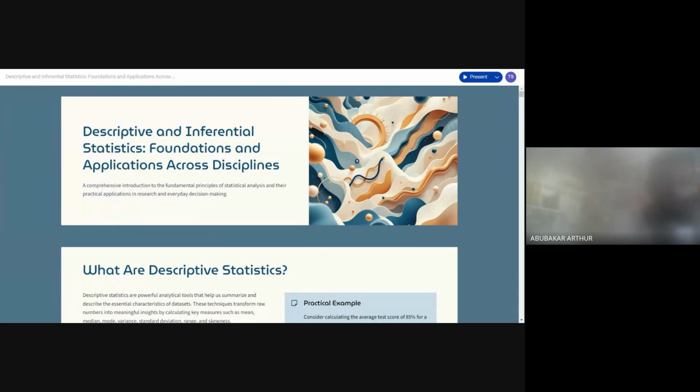It doesn't look at the whole data, but it gives a brief discussion on how the whole thing looks, using the mean, median, and others to describe how the entire data looks. That's my understanding on that. Thank you.